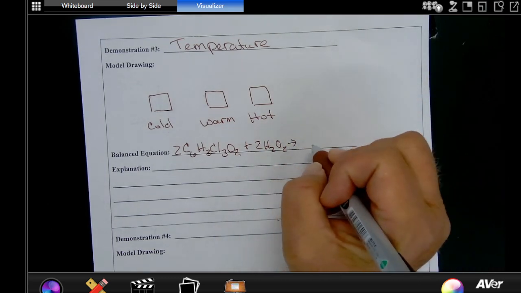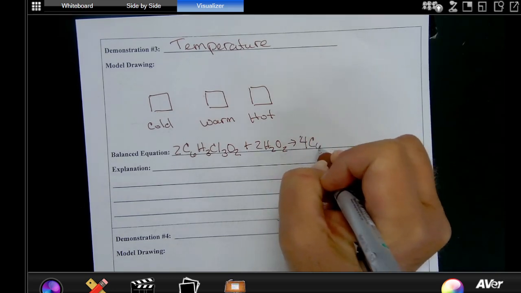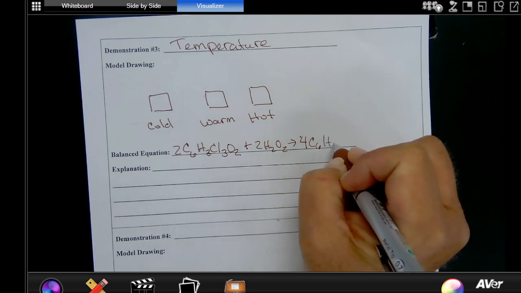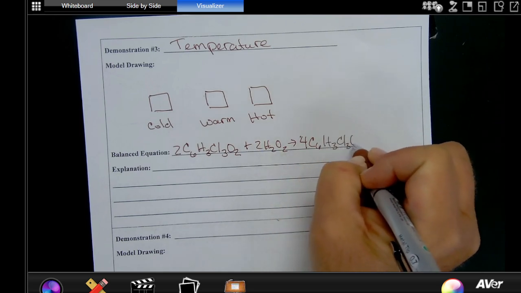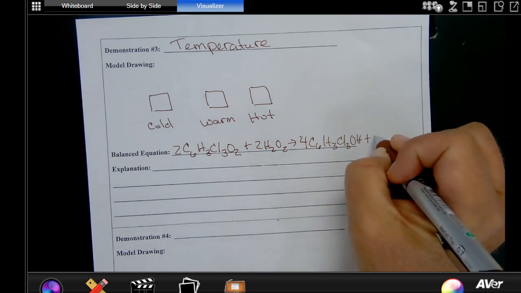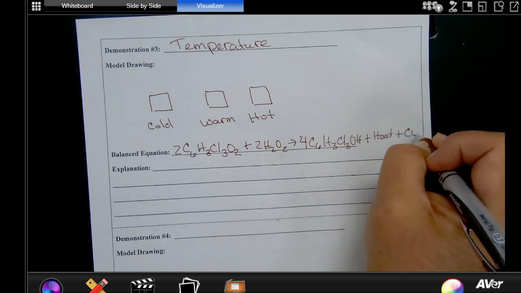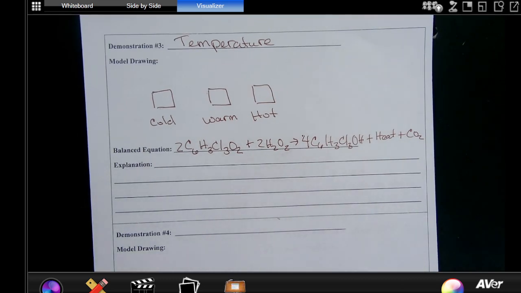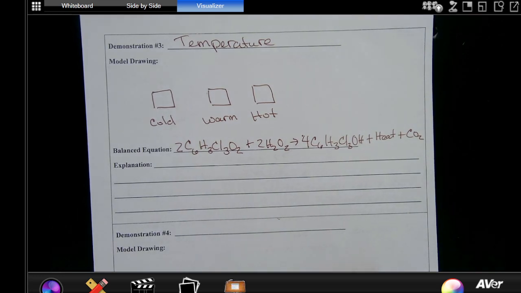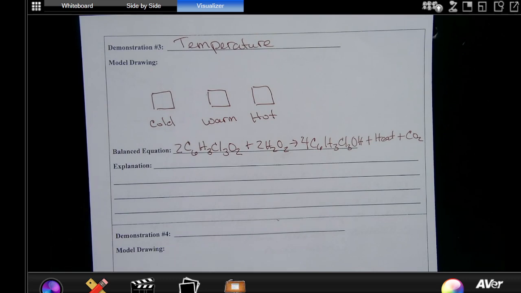And when you break it, this is what starts the equation. So then we get here H3Cl3OH plus heat in the form of light, and it also makes carbon dioxide within the plastic. And we're going to place glow sticks in each spot, and we're going to see what happens.